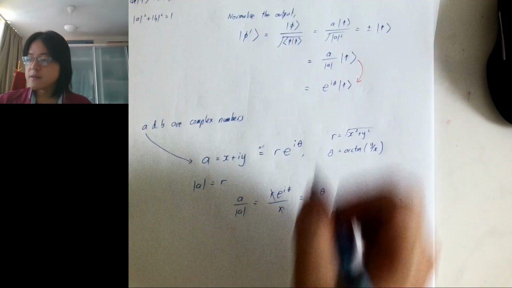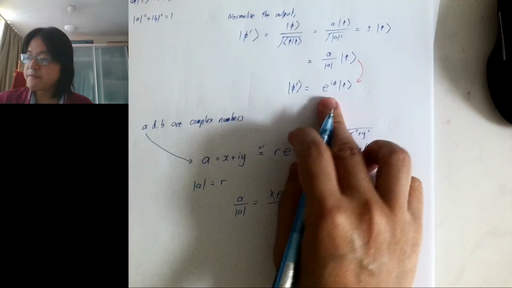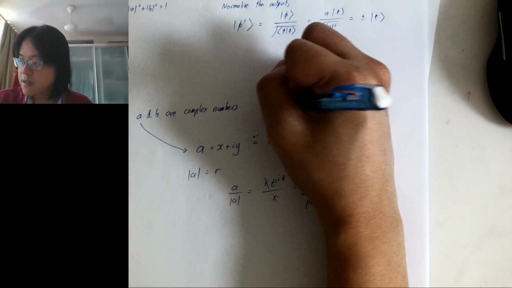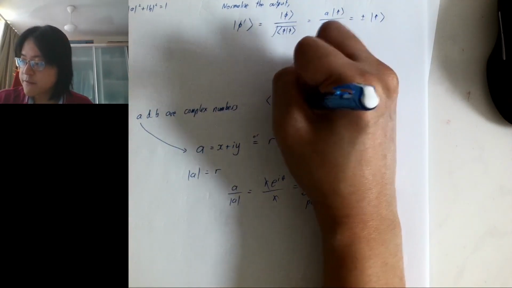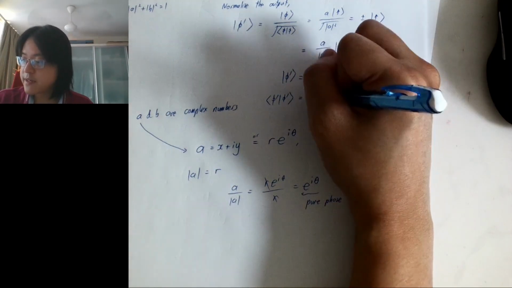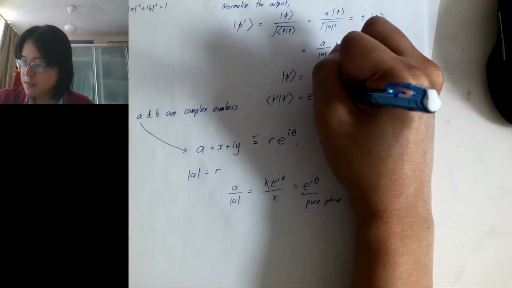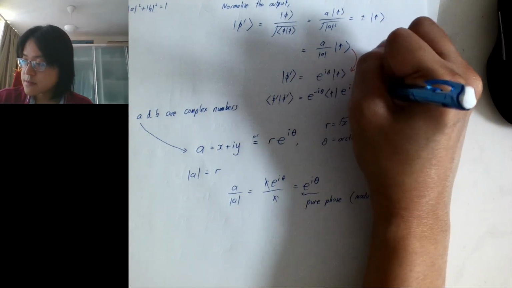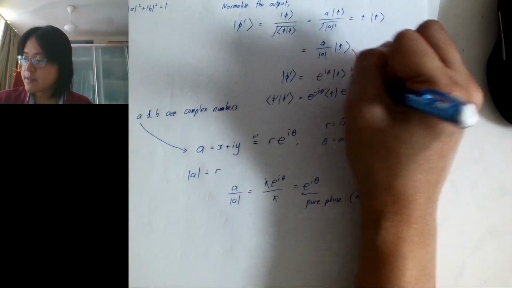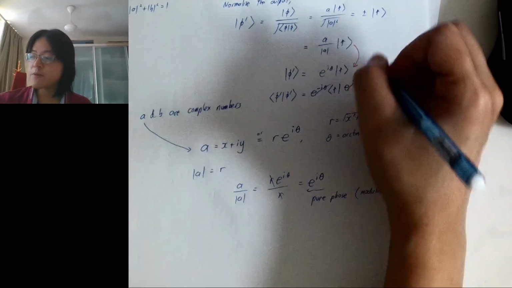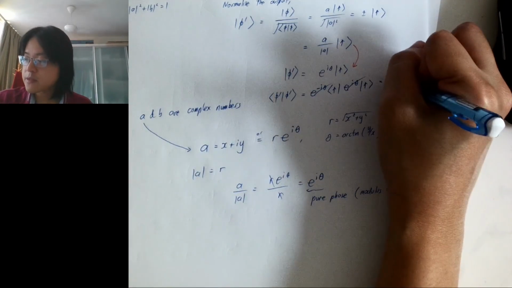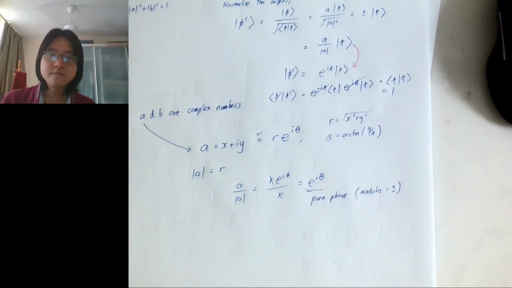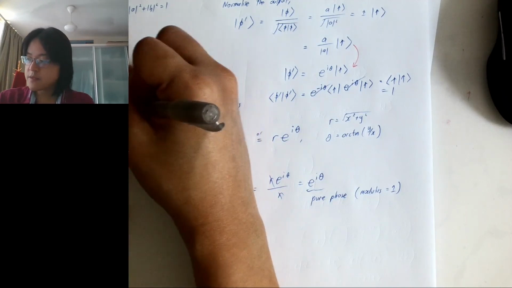Even if there's an extra phase, it's going to be normalized, because if I take the inner product with itself, I need to complex conjugate, and the pure phases cancel. So pure phase will cancel when you take the inner product.